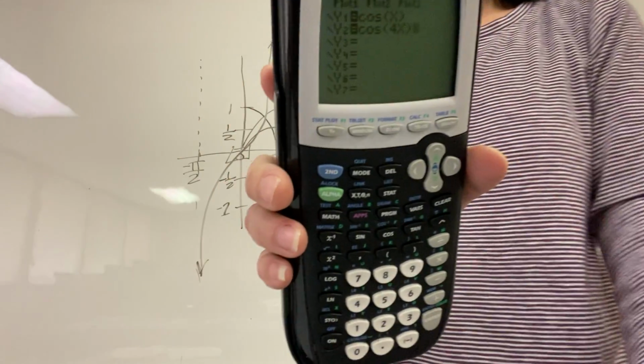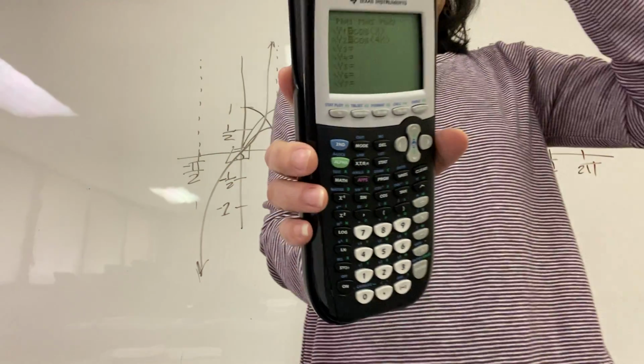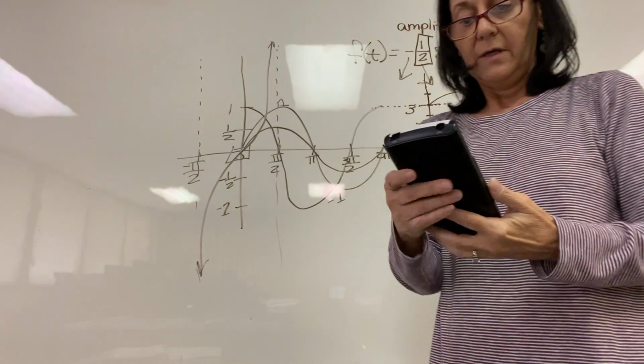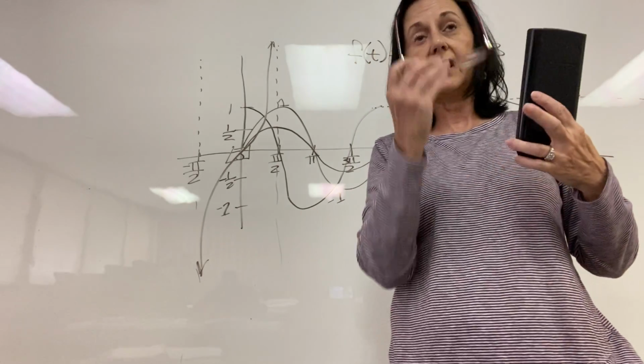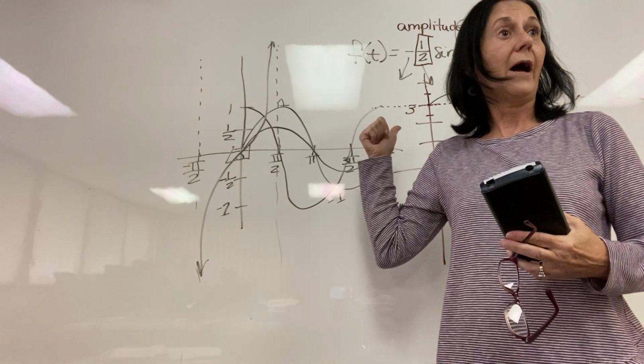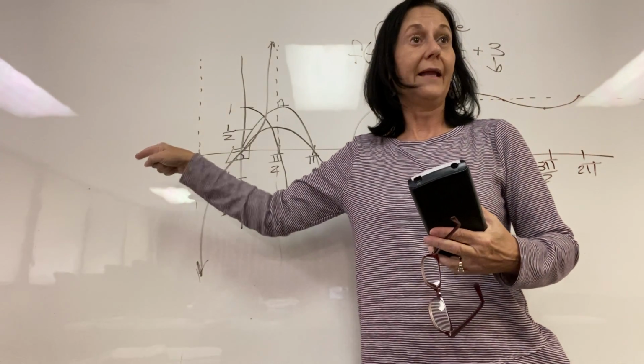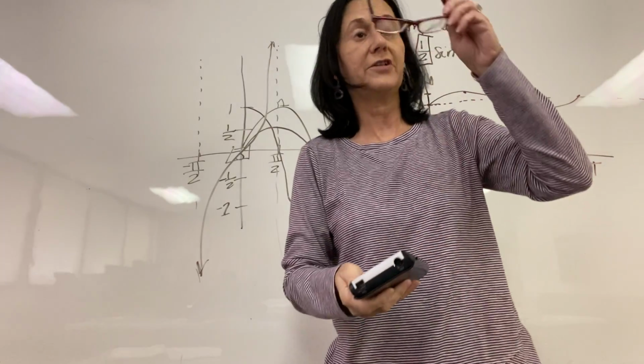Now, we have to look at our window. We want to see one cycle. So the cycle of the cosine is from 0 to 2 pi. So let's go from negative pi over 2.